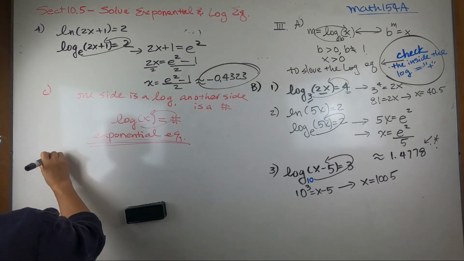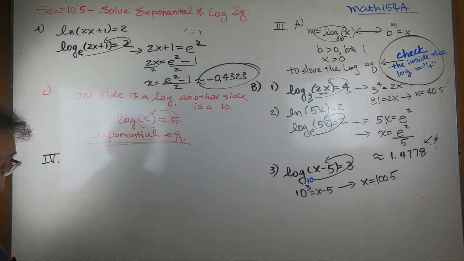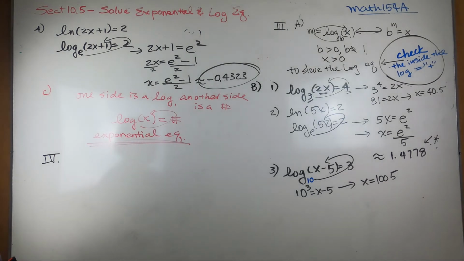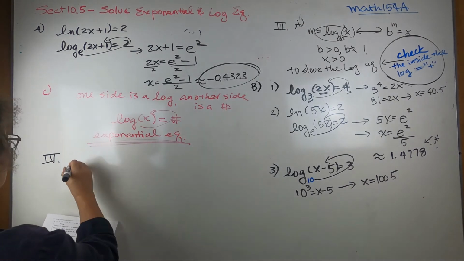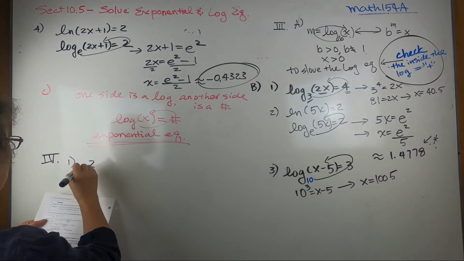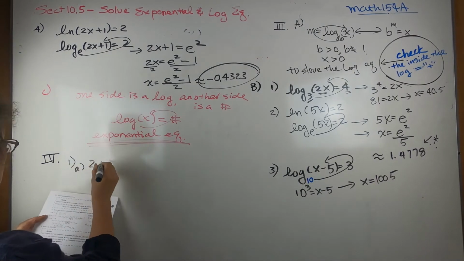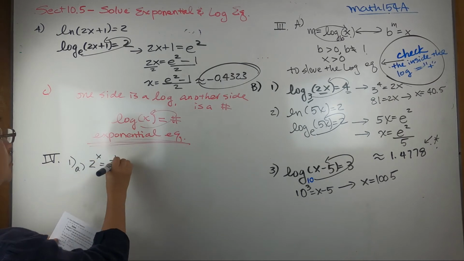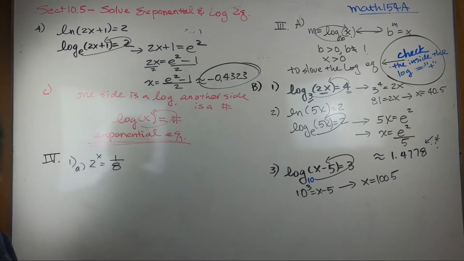So let's just review some more exponential equations we did earlier, but let's do it again. Okay, so how do we do that? For example, you have this one, 2 to the x power is 1/8. Remember, how do we solve an exponential equation?